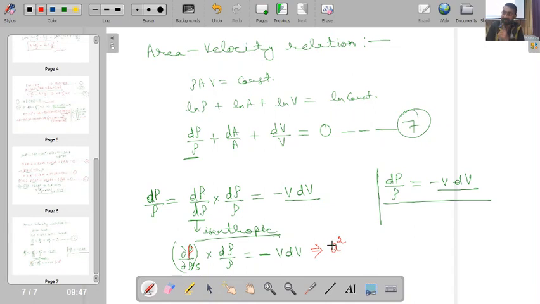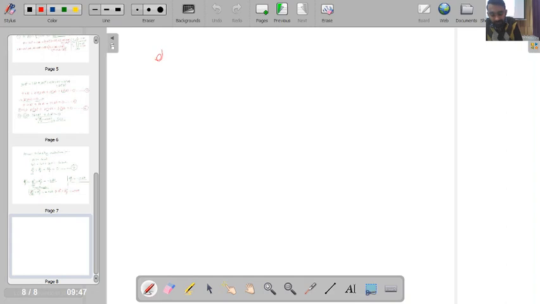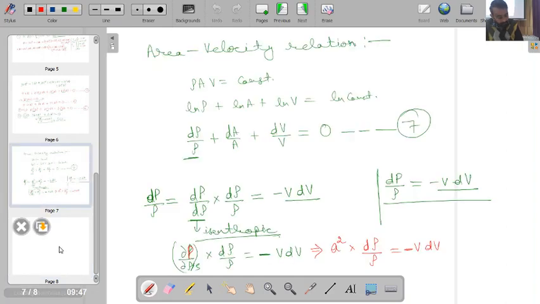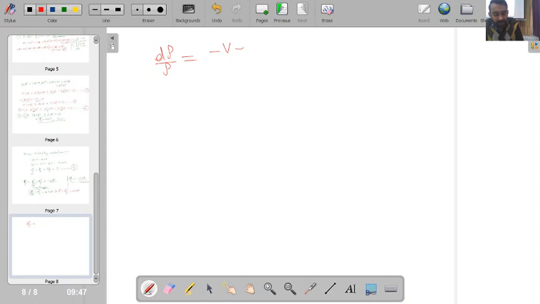So I can write a square into d rho by rho equal to minus v dv, and from here d rho by rho is equal to minus v dv by a square.